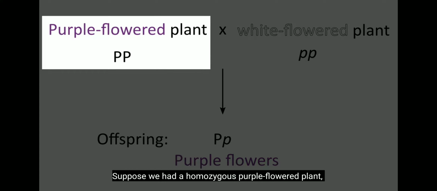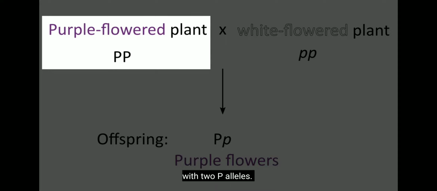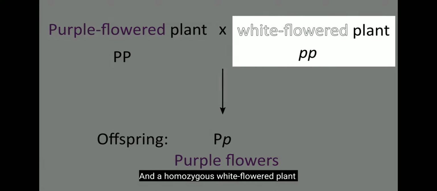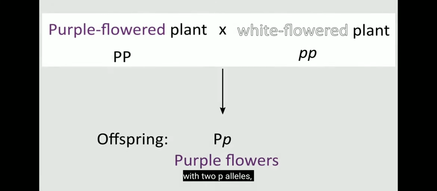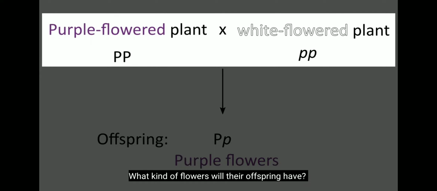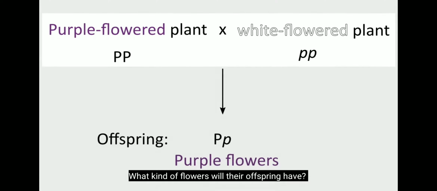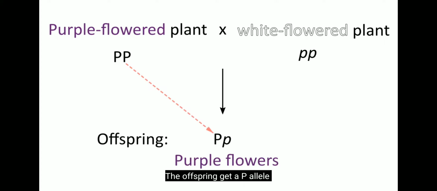Suppose we had a homozygous purple flowered plant with two capital P alleles and a homozygous white flowered plant with two lowercase p alleles. What kind of flowers will their offspring have? The offspring get a capital P allele from the first parent.